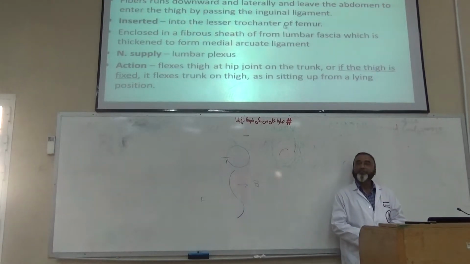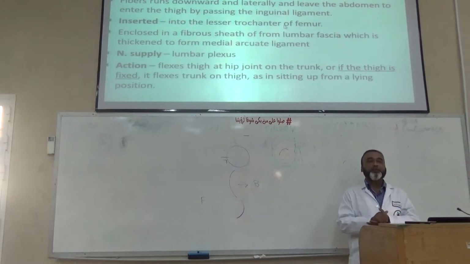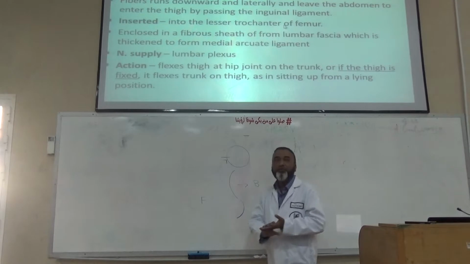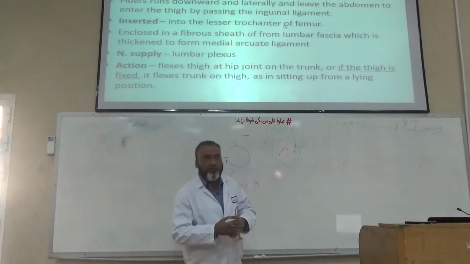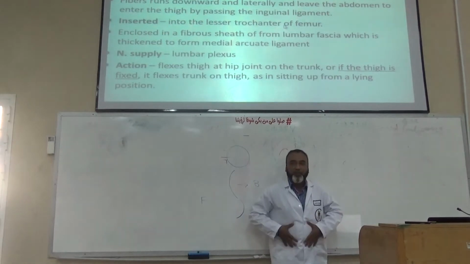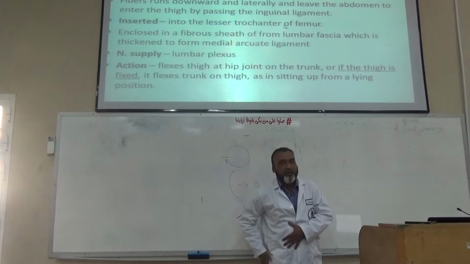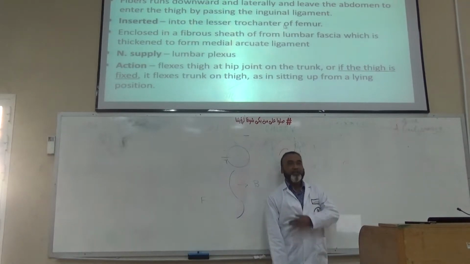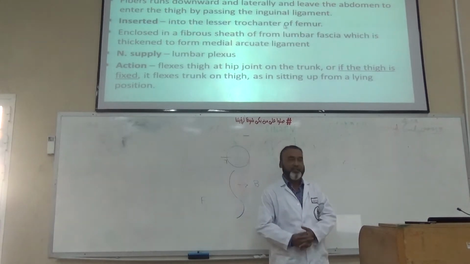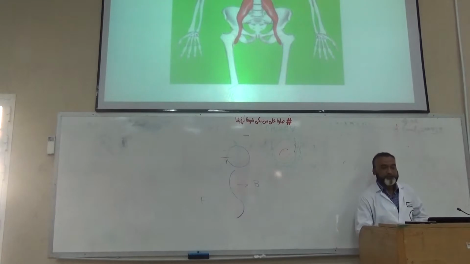The nerve supply is by the lumbar plexus, and the action of the psoas major is flexion. Suppose you fix your abdomen, then there will be flexion of the thigh at the hip joint. But if you fix your thigh, then there will be flexion of your trunk. So this is the action of the psoas major muscle.